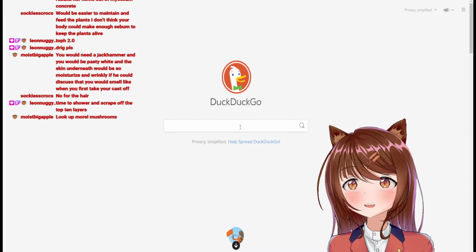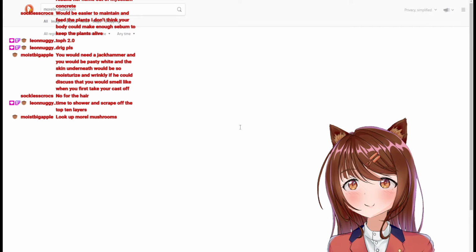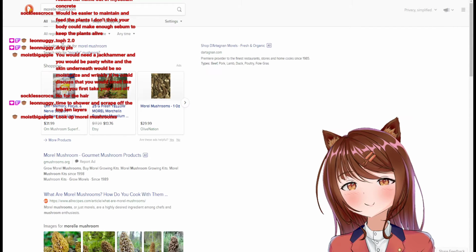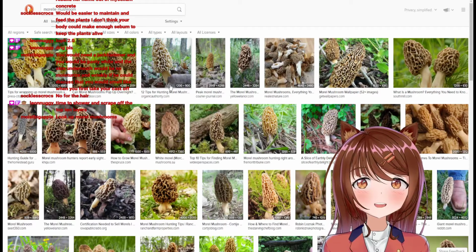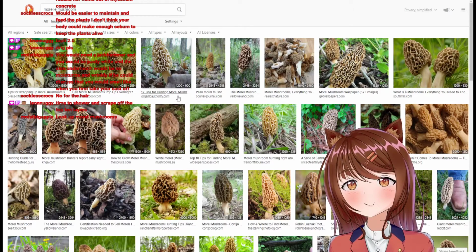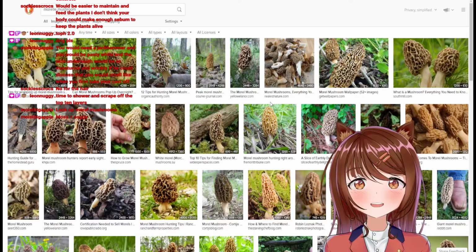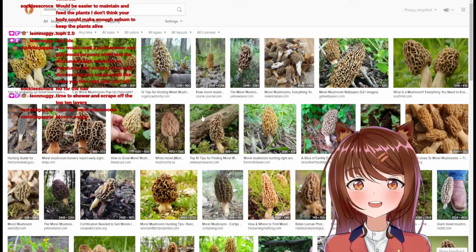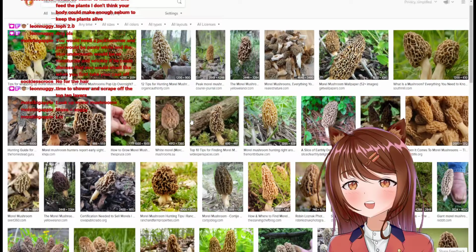Let's see. So morel mushroom. The wrinkly mushroom. Aren't these considered one of the best beginner mushrooms to get people to try to forage, because you can't really mistake it with a poisonous mushroom, because poisonous mushrooms don't look like it.